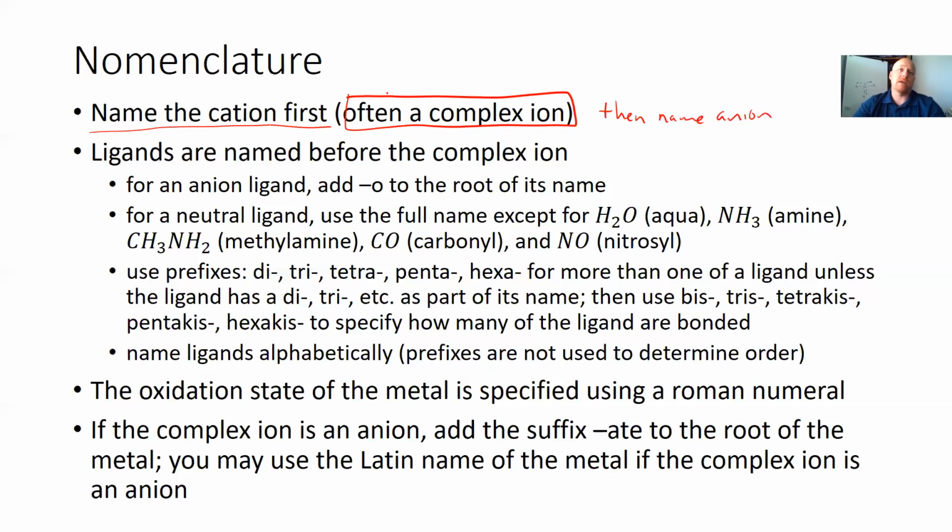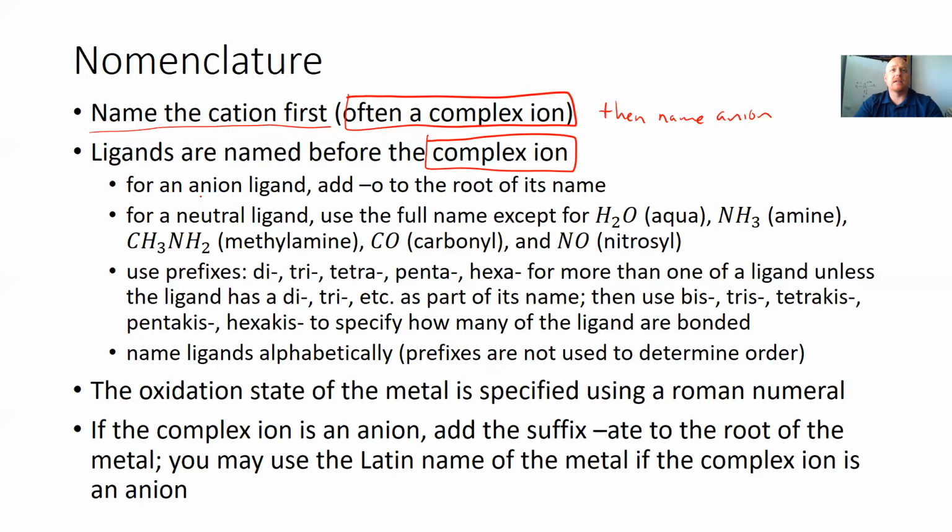If the complex ion is a cation, we'll have slightly different rules than if the complex ion is an anion. Now, next are the rules for naming a complex ion, and in particular, the ligands in the complex ion.